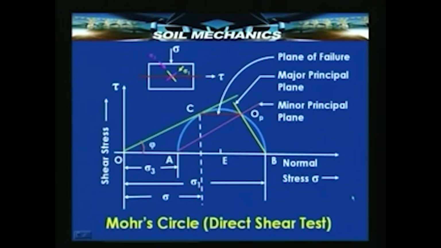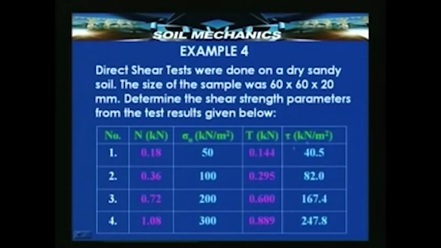Next one. So, we now here have normal stresses 50, 100, 200, 300 kilonewton per meter square. These are certain typical normally used values, and the corresponding values of shear stress are 40.5, 82.0, 167.4, 247.8. You will notice here that these values are always less than this.